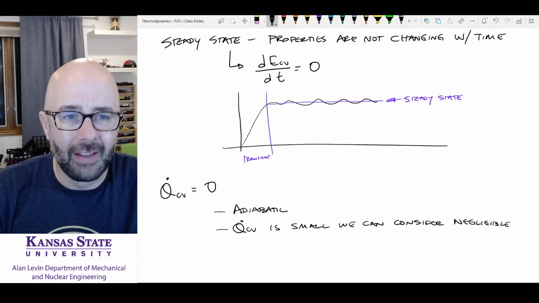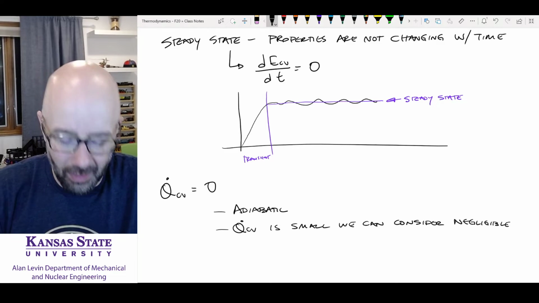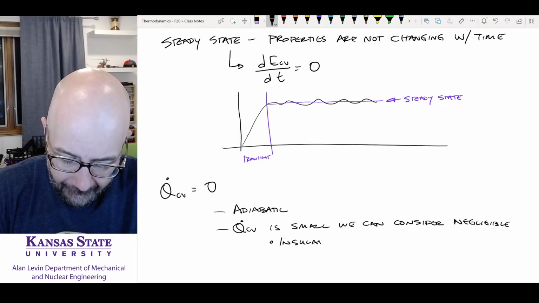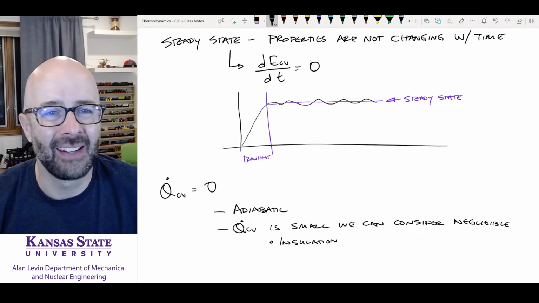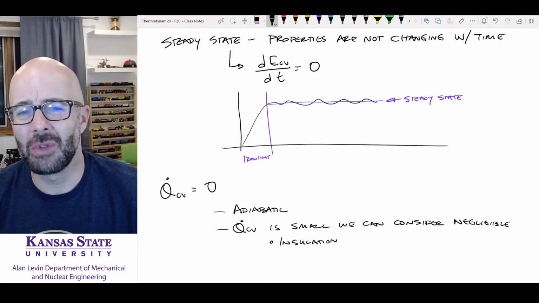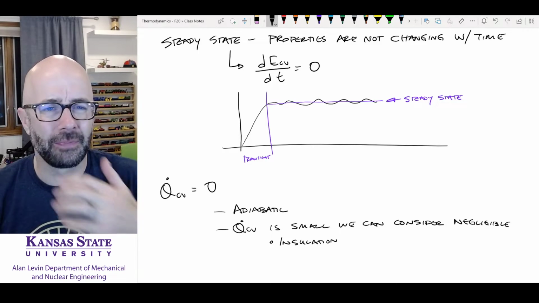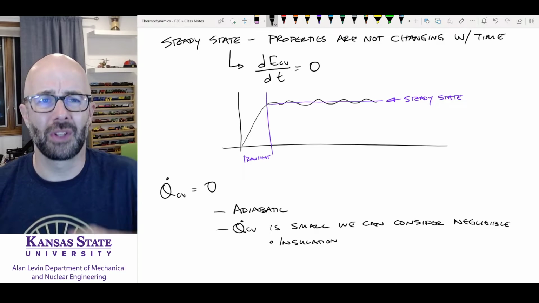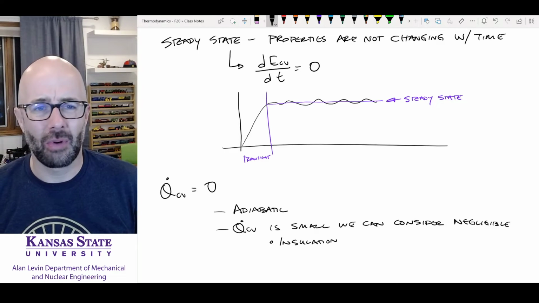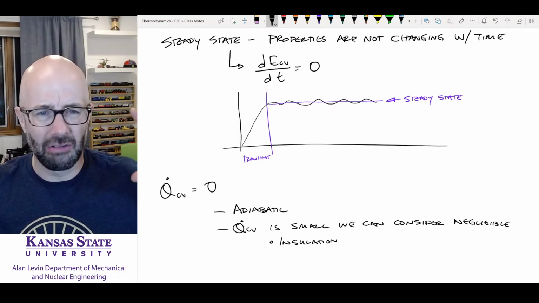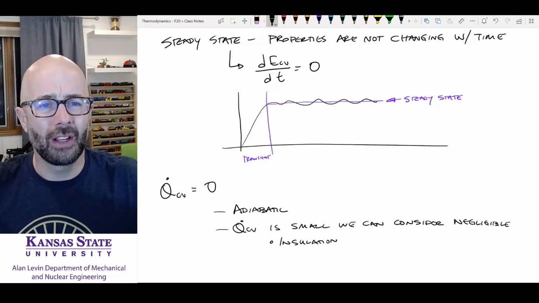Now, why? Well, we might have insulation. You've had insulated coolers and things of that nature. You know that there's going to be heat transfer. It's going to seep out. If you've ever been someplace where there's insulation over an industrial process, there's a silver-like coat of fabric on the outside of it.